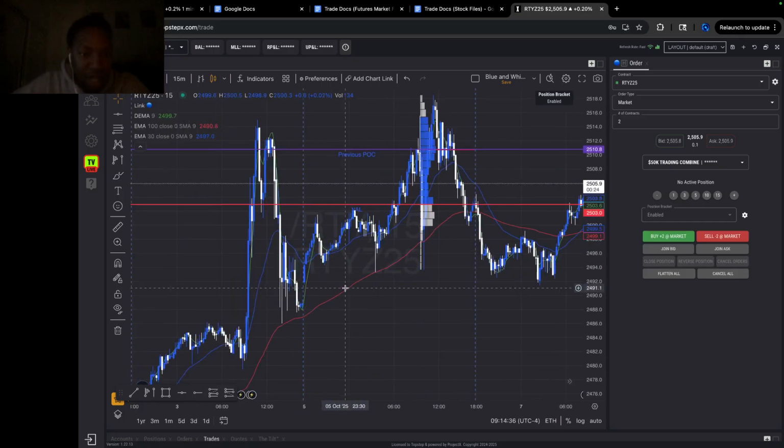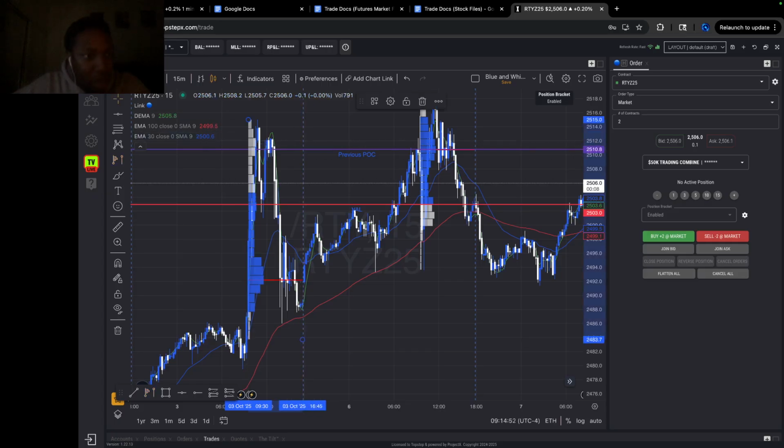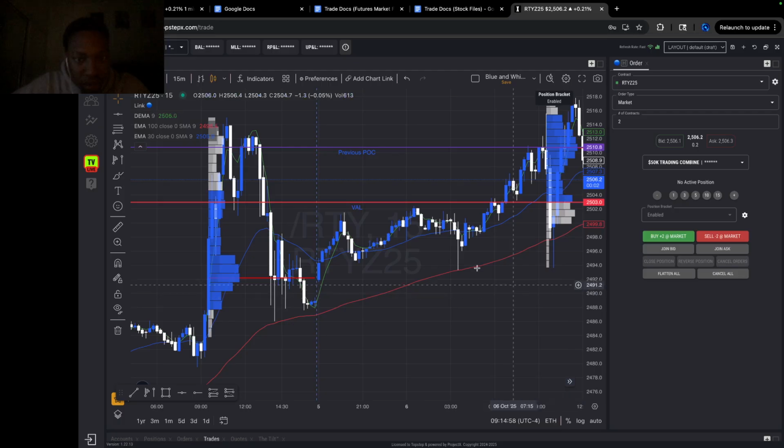So if you look at this prior day, the day that we had our good trade, well, our first trade, and it was still a good trade even if it didn't make money, you'll see that we came out of value and we did not build.